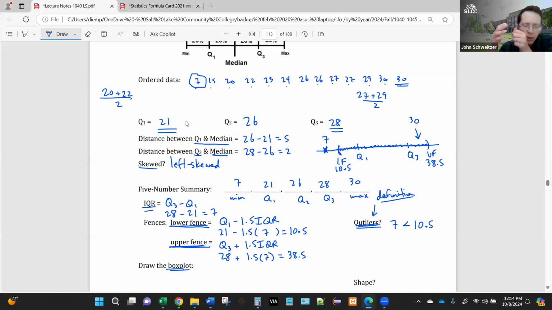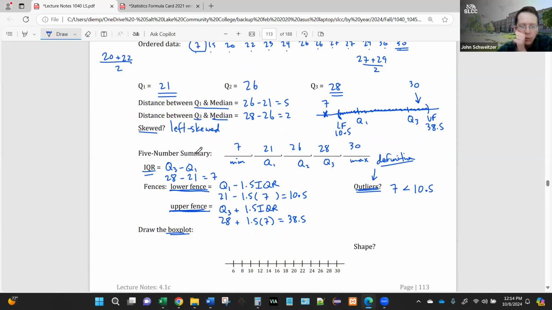There's a million uses for box plots, but that's one that you'll see if you know where to look for it.